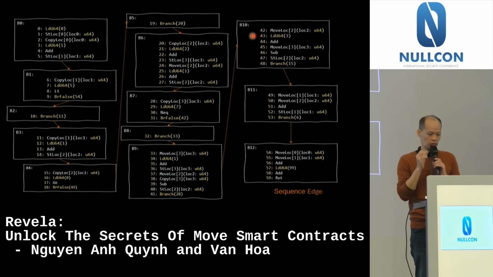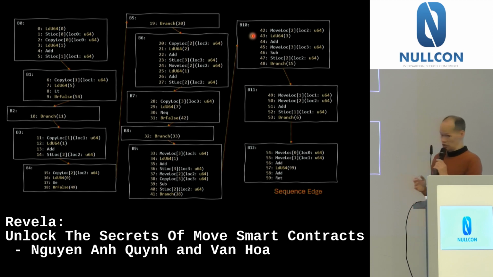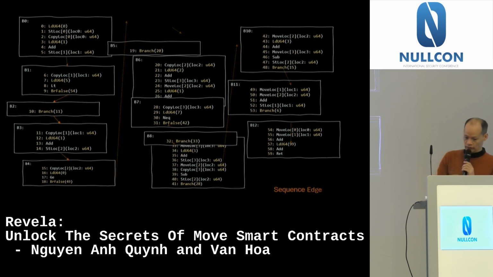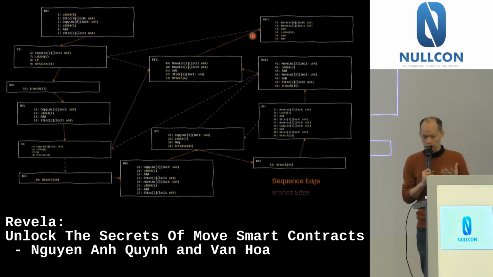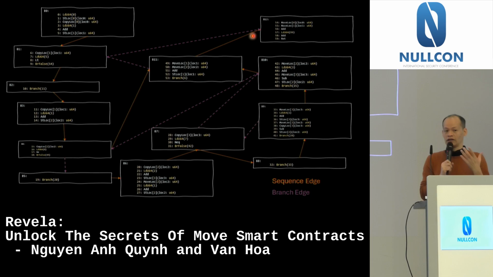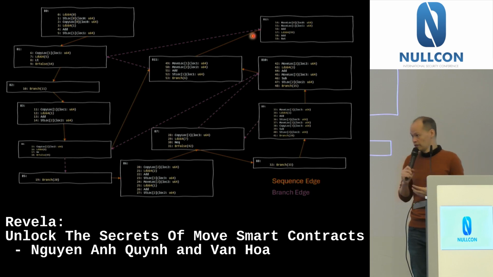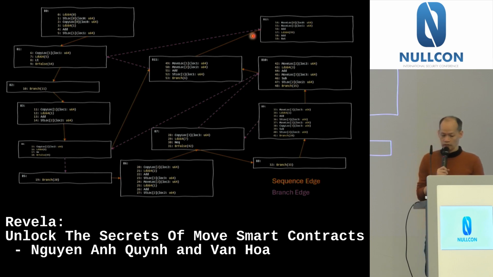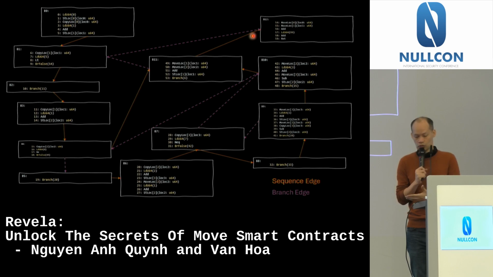We connect block 0 to 1 and to 2 and so on in the physical order. However, in reality, one block might not really branch to the next physical block, right? So we need to perform some control flow analysis to really see how one block branches to another.